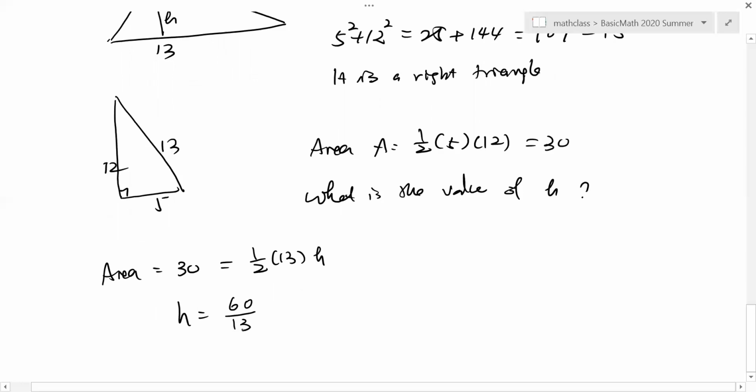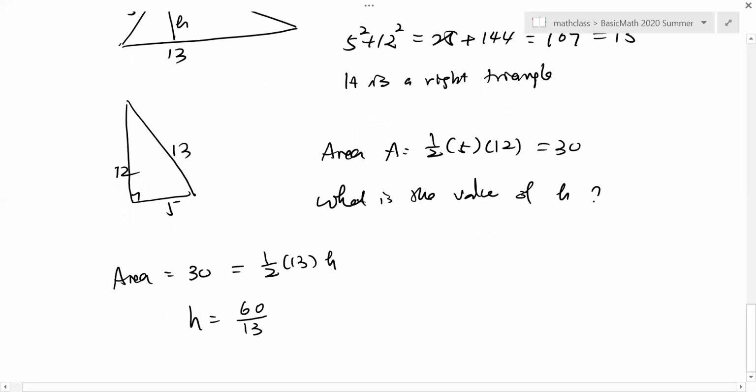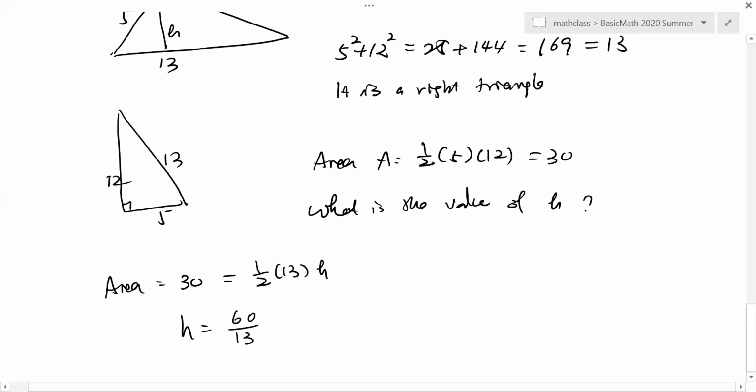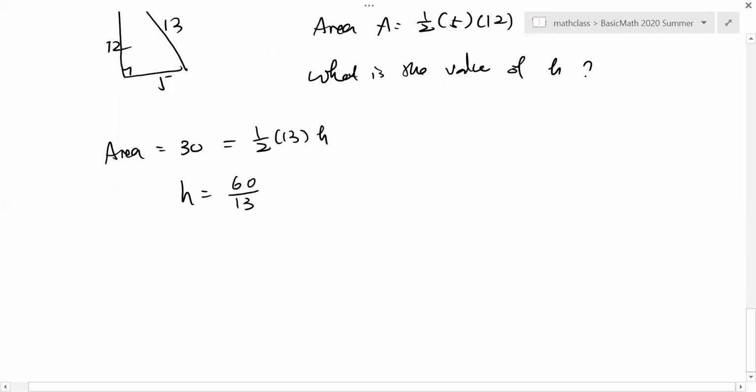So this is the height. Just one step. We cannot find the height directly, but we verified this is a right triangle, so we can go around and find the height using the area. Of course, you can use the height to find the area, if you know the height.